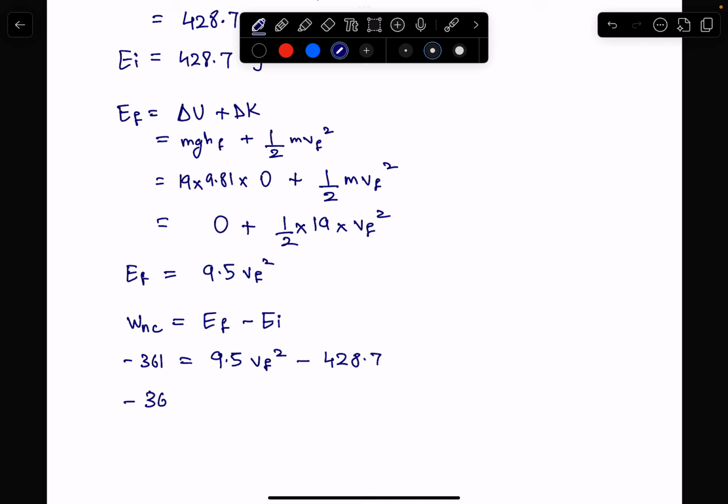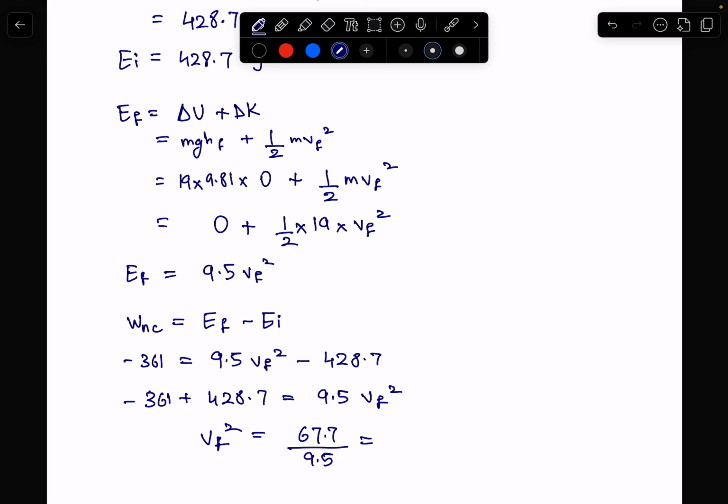So technically 428.7 minus 361 is equal to 9.5 vf squared. Vf squared is equal to, just quickly calculate that, 67.7 divided by 9.5.